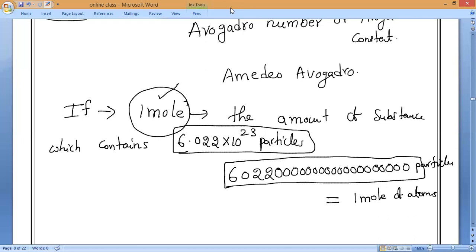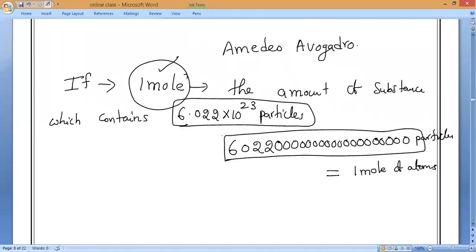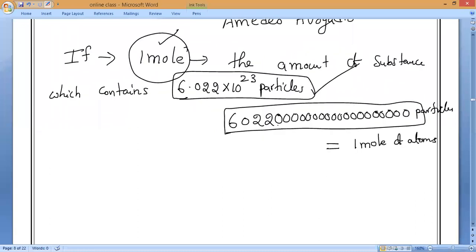Any doubt? This is only called Avogadro's number, Avogadro's number of a substance. So if we take 1 mole of atoms or 1 mole of molecules, for example, if I keep these many gold atoms, it is equal to how many moles of gold? 1 mole of gold.